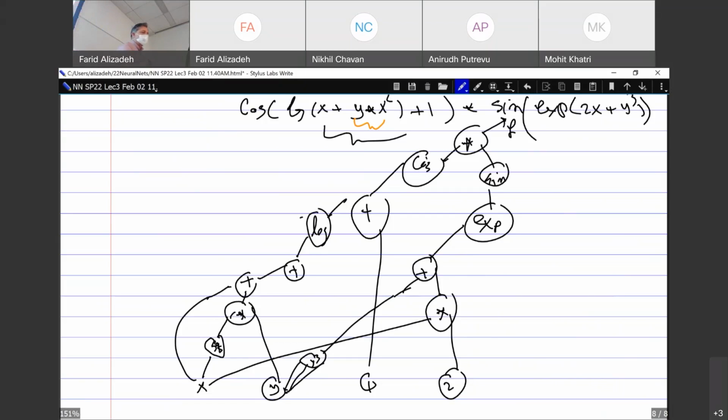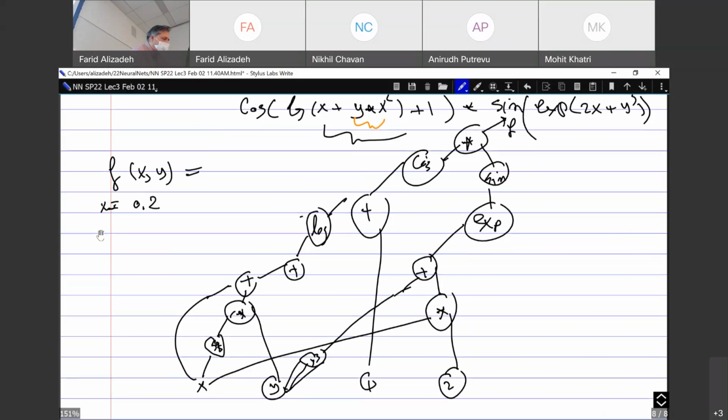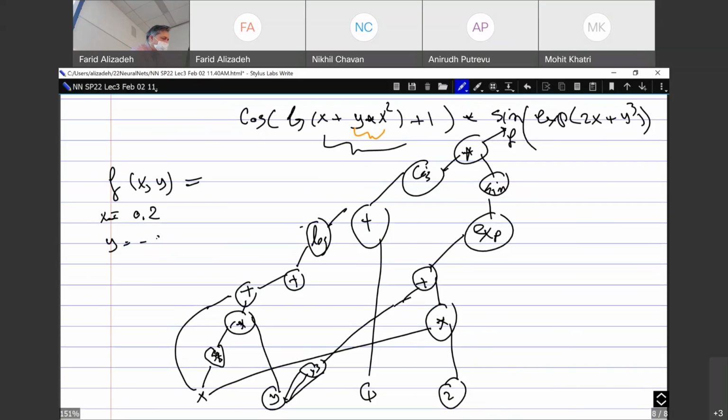In this case, there are 2 variables, but I can have many more variables. So let's call this thing f of x, y. I want to do 2 things with this. Given some arbitrary value, let's say x is equal to 0.2, y is equal to minus 0.3, some random values, let's call this x1, y1.